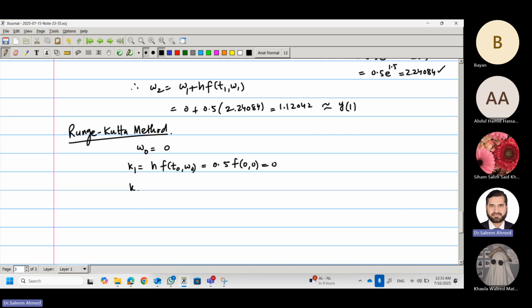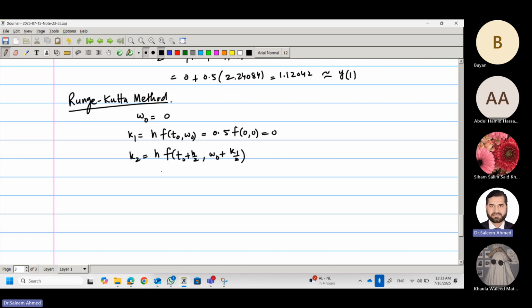Now K2. K2 is H f of T naught plus H by 2 and W naught plus K1 by 2. I know that H is 0.5, T naught is 0 plus H by 2 is 0.25, and W naught is 0 plus K1, which is also 0. So this remains 0.